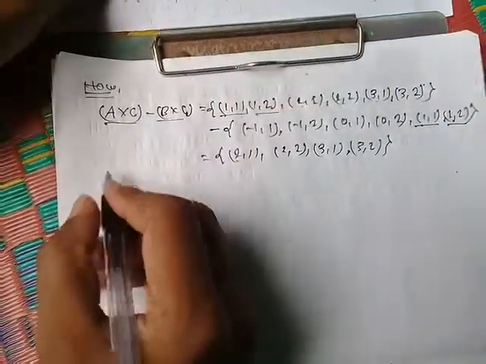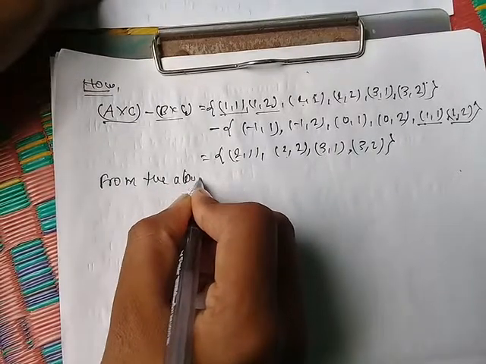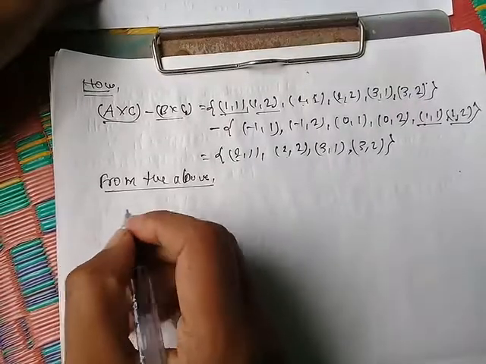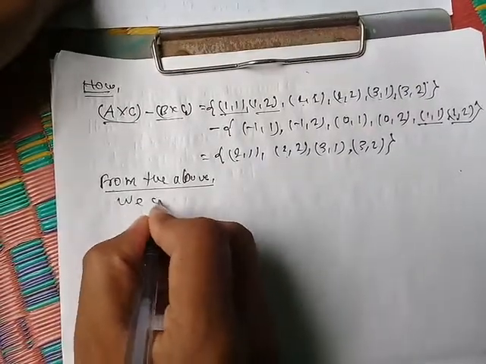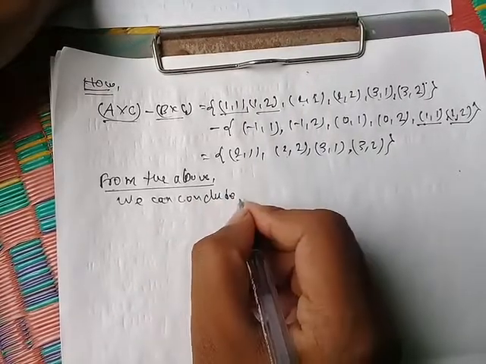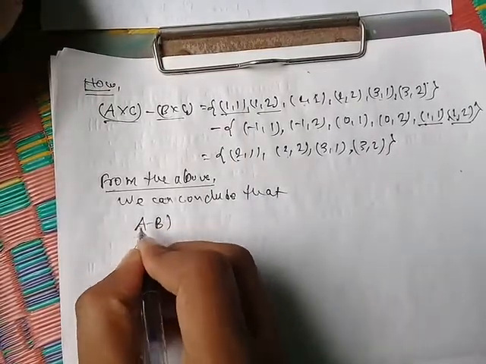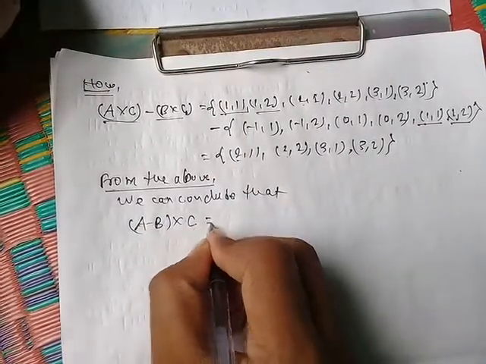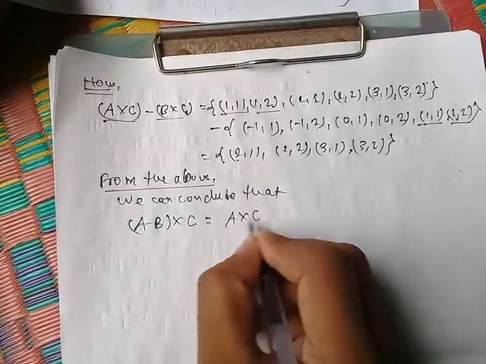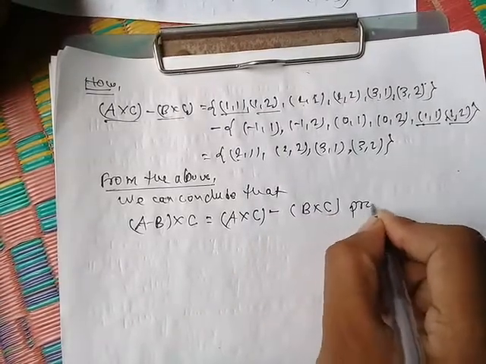So from the above we can conclude that (A minus B) Cartesian product C is equal to A Cartesian product C minus B Cartesian product C. It is proved.